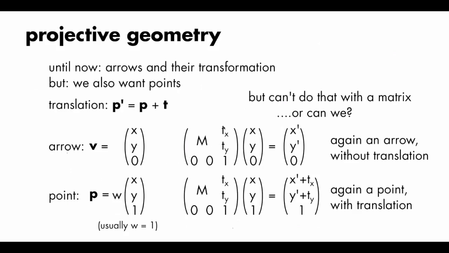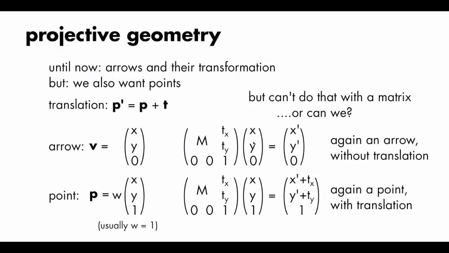And if we take a matrix of that shape, where M is the 2 by 2 matrix that we've looked at already, and the third row and column is new, and we multiply that with such a vector, then because this is 0, the whole right column is unused, and we just end up with x prime, y prime, and 0.